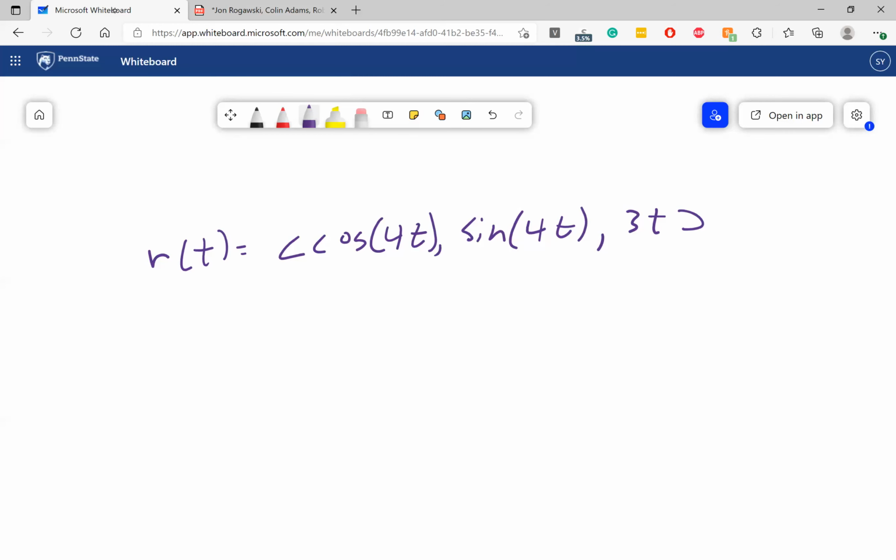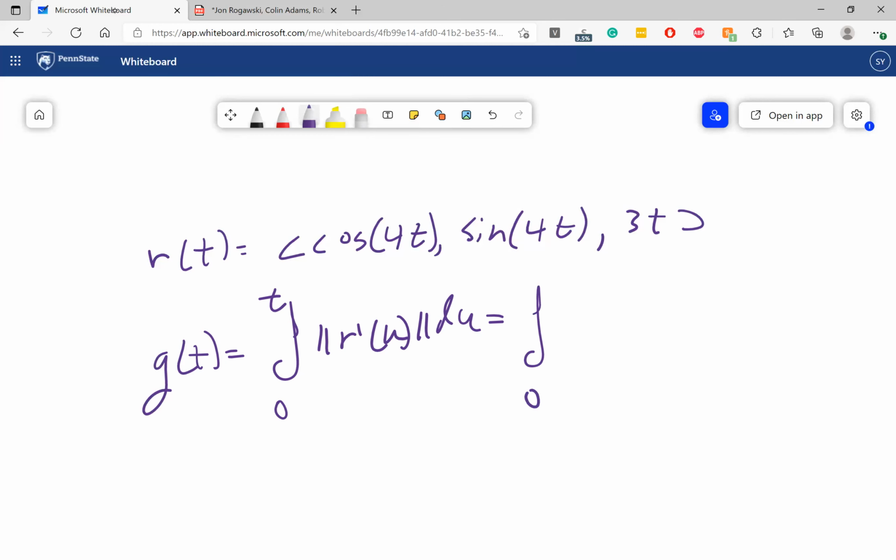Okay, so we want to first set up our g(t). Our g(t) is equal to the integral from 0 to t of the magnitude of r prime of u du. Okay, so what is this going to be equal to?